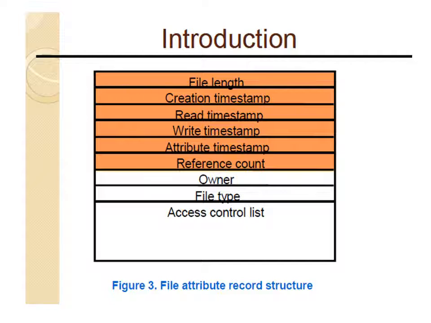First is the file length, then creation timestamp, read timestamp, write timestamp, attribute timestamp, reference count, the owner of the file, the type of the file, and the access control list for a particular file.